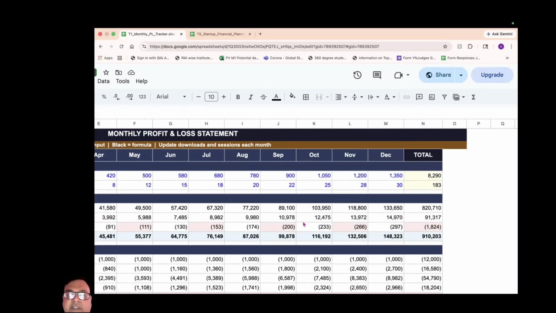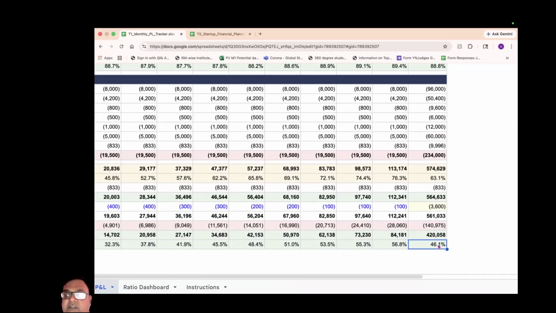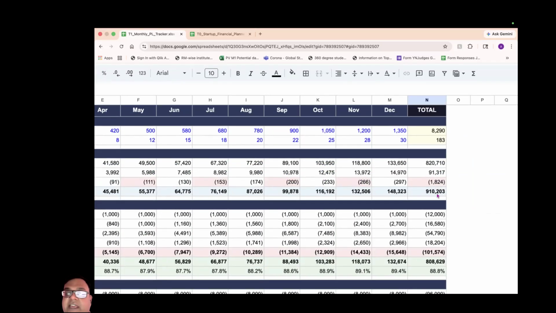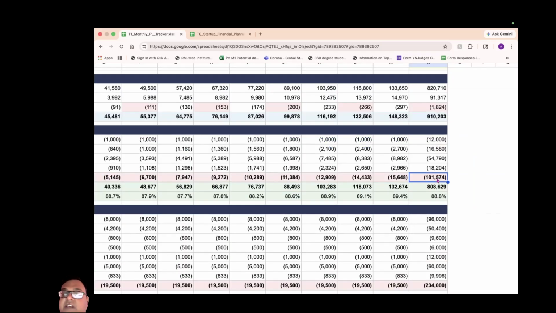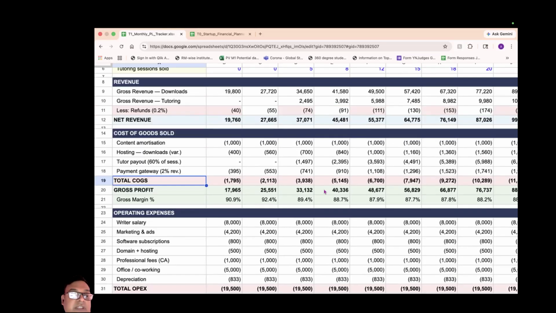Hope this is clear. Continue this entire thing till the end, and your net profit, the take home, is 46.1%. You're making the overall revenue of 9 lakh 10,000 rupees. This particular value is the COGS, 1 lakh 1,570.